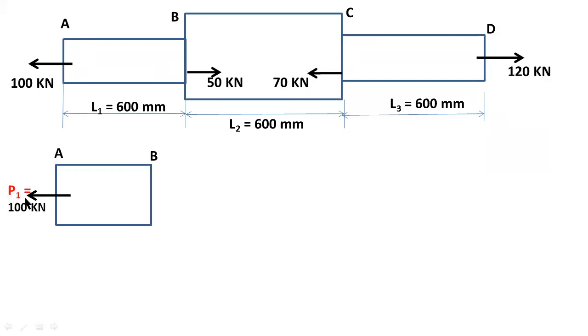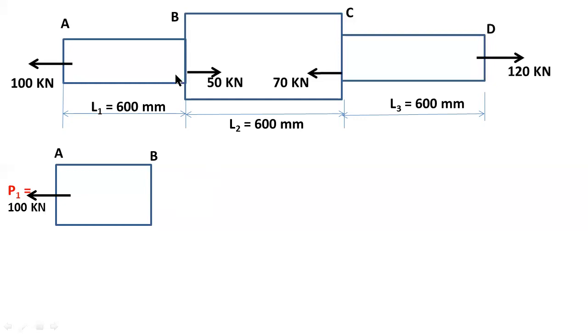P1 is the load acting on the bar AB. Now at end B we have another load of 50 kilonewtons, but for determining the stresses and strains, we need two equal and opposite loads. At end B we have 50 kilonewtons, but I need 100 kilonewtons.